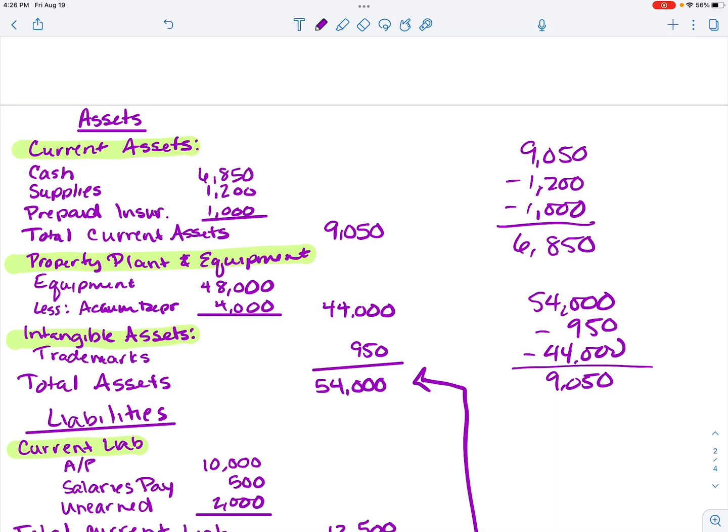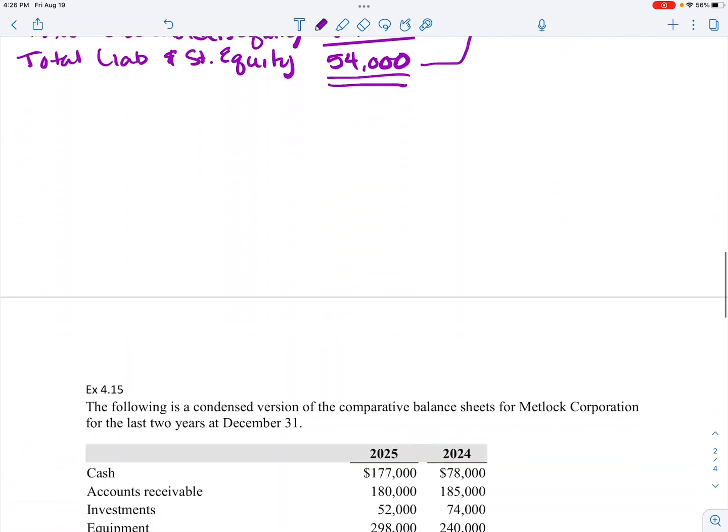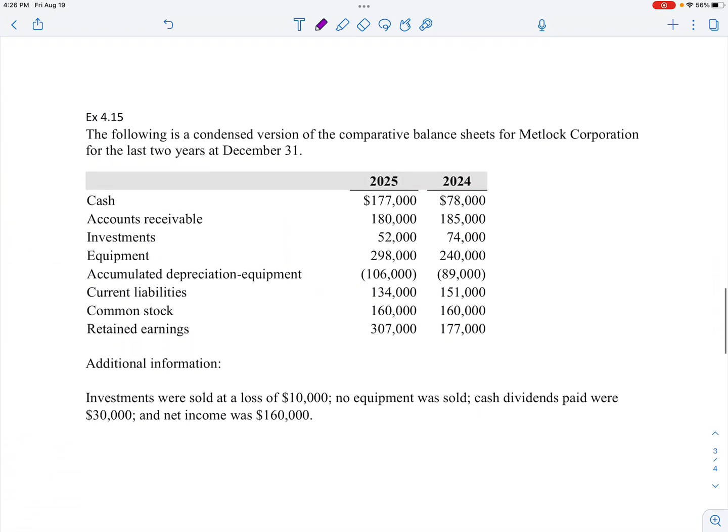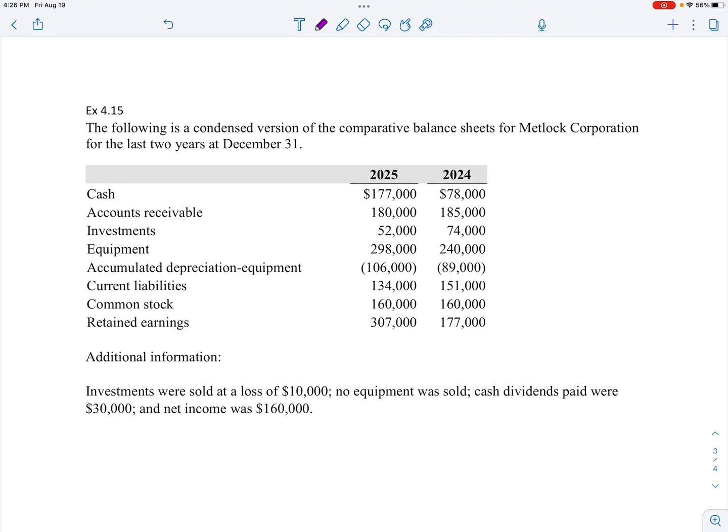All right. So now let's go through and try the cash flow statement. So to start with the cash flow statement, they give you the comparative balance sheets, because you're going to need to look at the difference in the years to find out, especially for this operating section, the net cash.